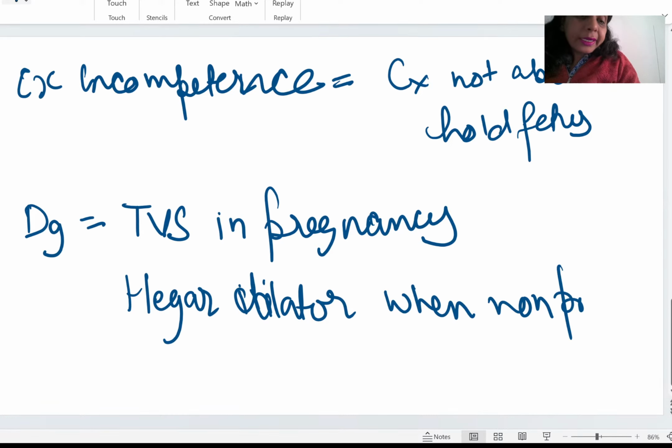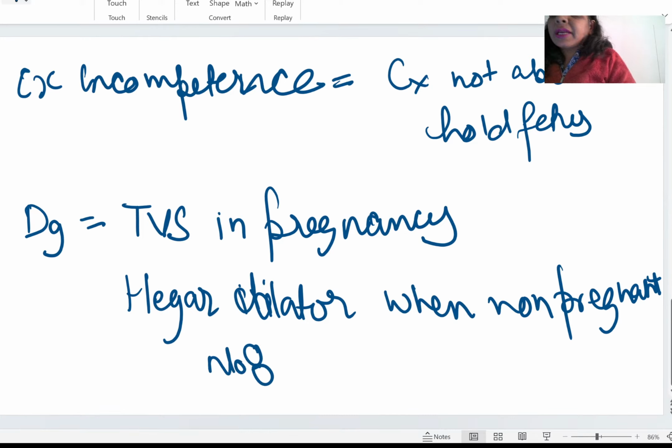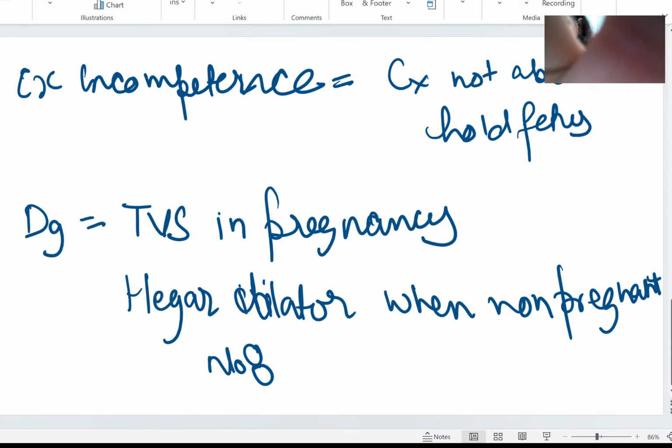Clear? Which Hegar dilator passes? Can you tell me which Hegar dilator passes? Number 8 is taken.